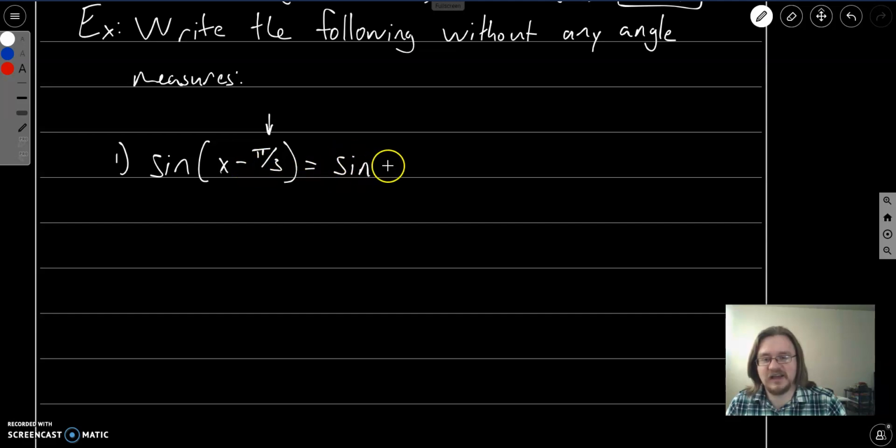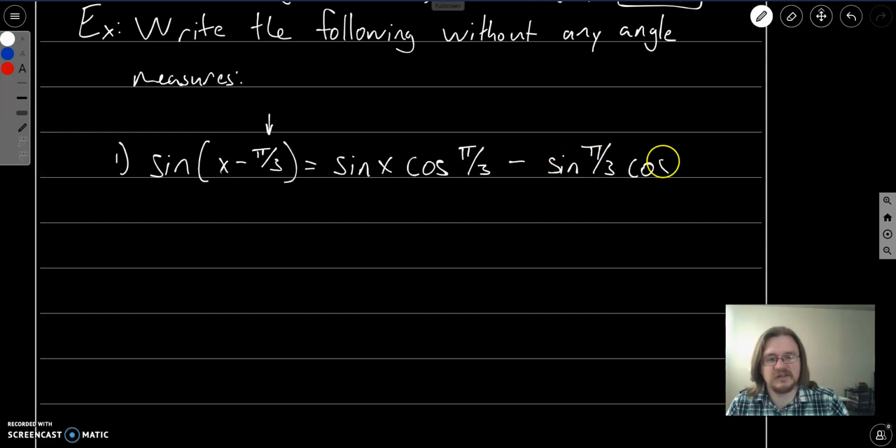So this is going to be the sine of x times the cosine of pi thirds minus, we keep the same sign with the sine function, the sine of pi thirds times the cosine of x.